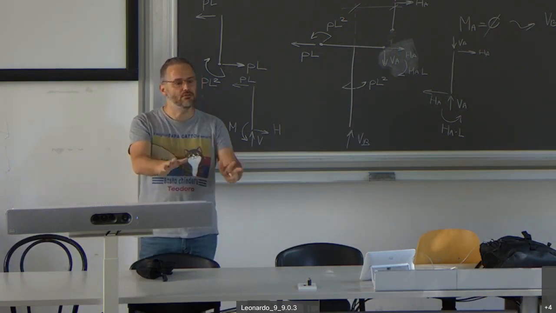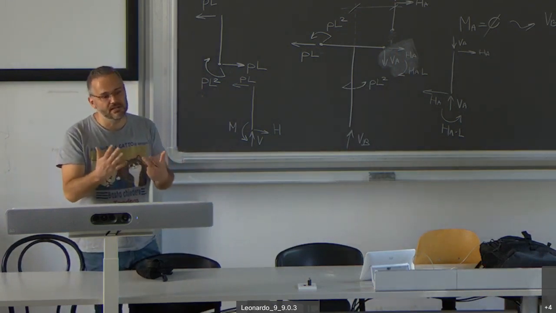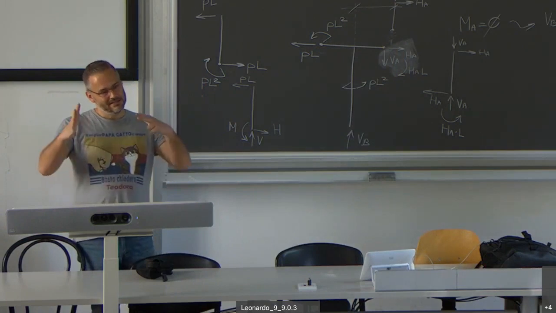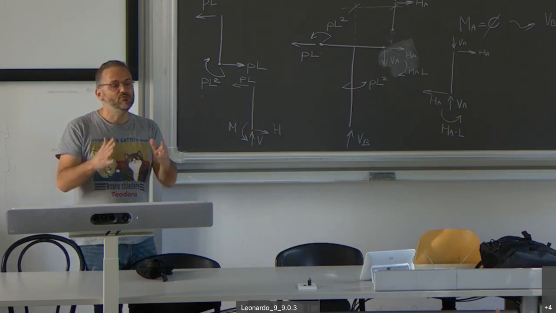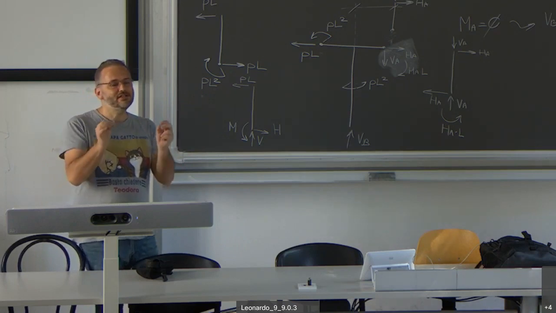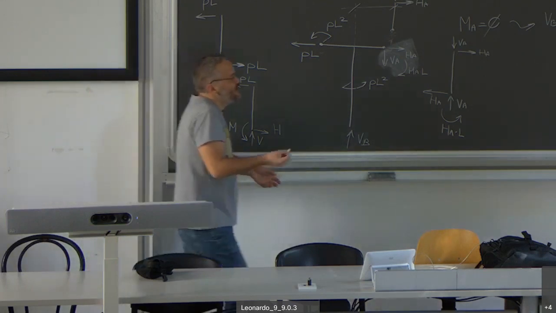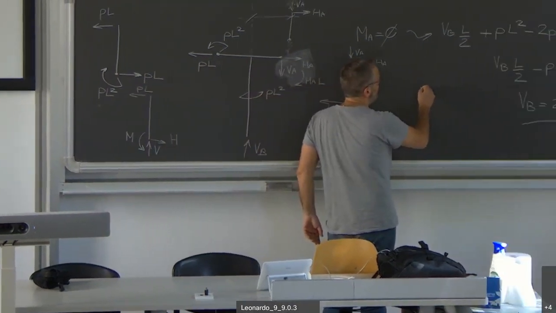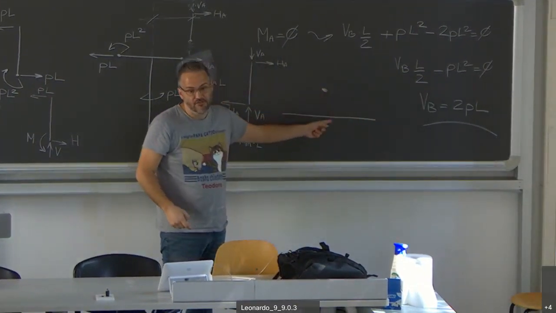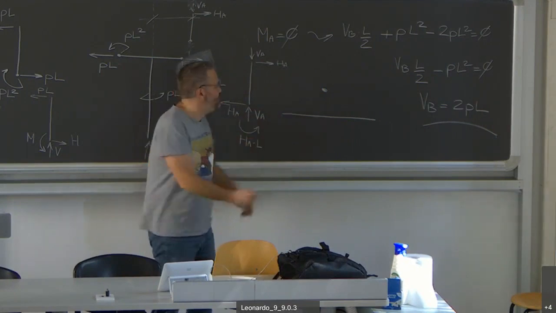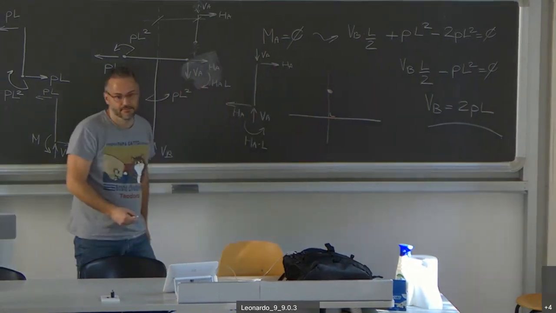How do you calculate the moment? It's the product of the force times the lever arm. How is the lever arm defined? It's the distance between the reference point and the line of action of the force. And when I say distance, it is intrinsically defined as the shortest distance. It's a geometric definition. How do you calculate the distance of a point from a straight line? Normal to the line.